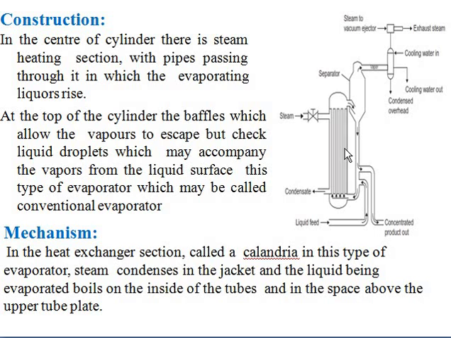Now the evaporating section: the upper part of this section is the evaporating section, and next one is the separator. Heat exchanger, evaporating section, and this one is the separator. So these three components will be present in each type of evaporator.